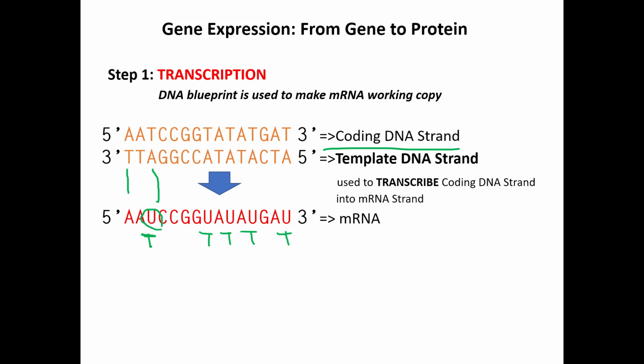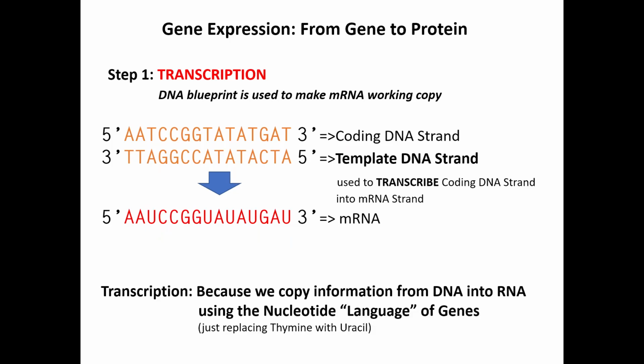So we transcribed our coding DNA strand by using the template DNA strand into a messenger RNA molecule. And this process is called transcription because we still keep information in the language of genes, in the nucleotide language.